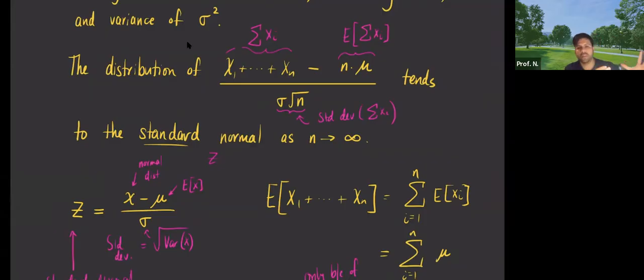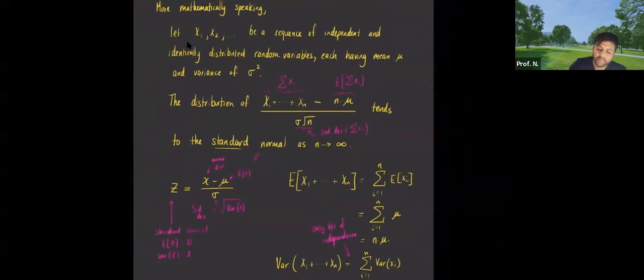Applying this procedure of subtracting the mean and dividing by the standard deviation, that is approximately the standard normal. And we have all this information about the standard normal. So we have all this information about this sum of independent, identically distributed random variables. Very deep theorem.